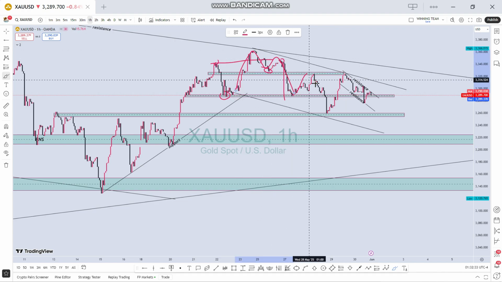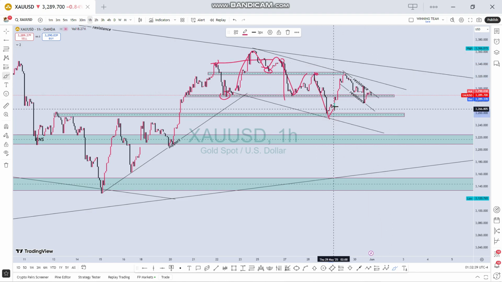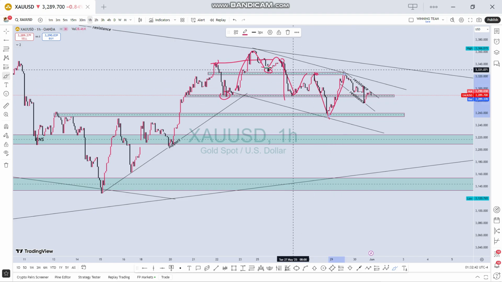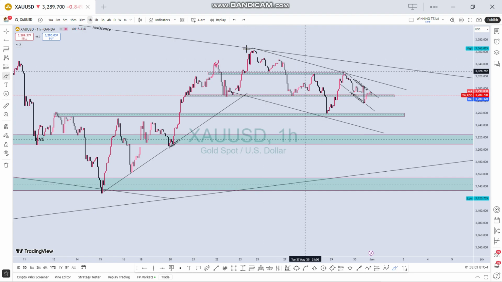Okay, you can see it formed the M pattern, and then we see the market rejection there, and then another leg of bearishness pushing down, and then we can see again it coming up to retest the same area, which left us having a series of lower highs and lower lows on this chart, if we are looking at it that way. Okay, so when the market starts forming a series of lower highs and lower lows, you must know that the market is shifting from a bullish trend to a bearish trend.